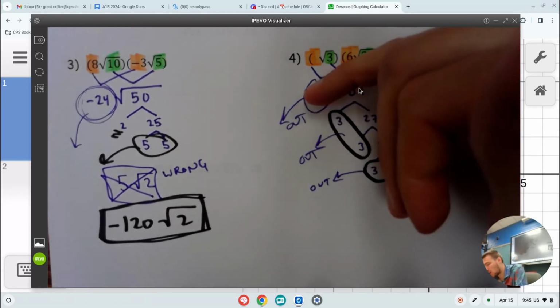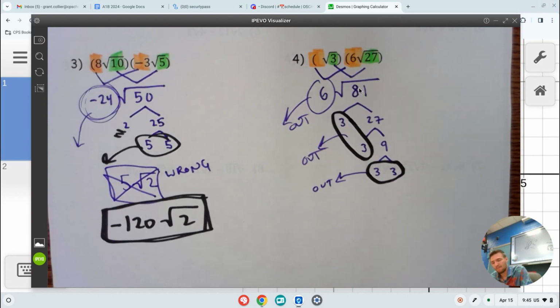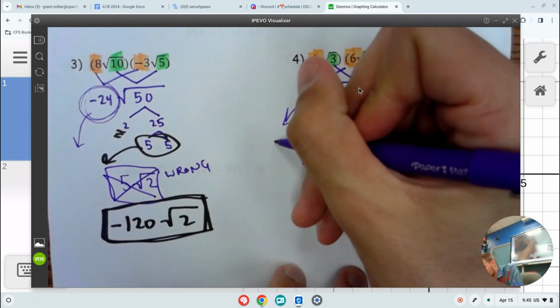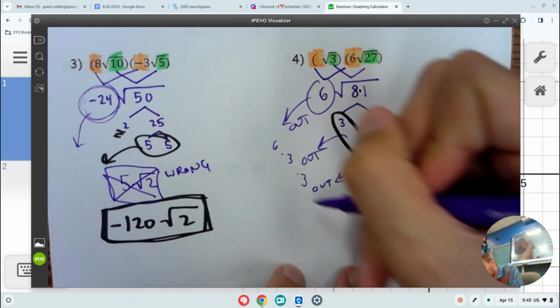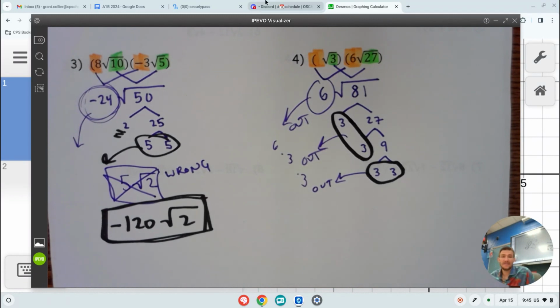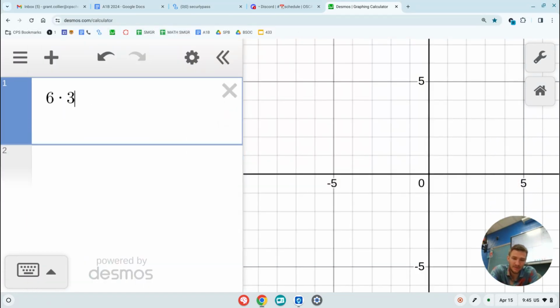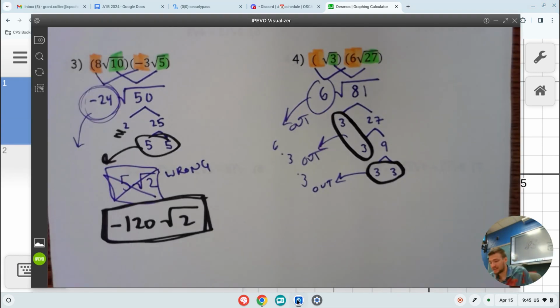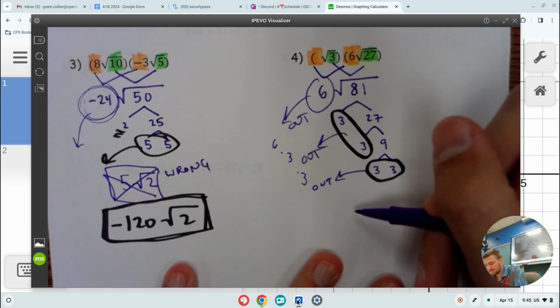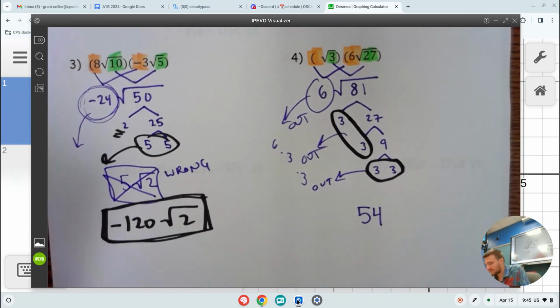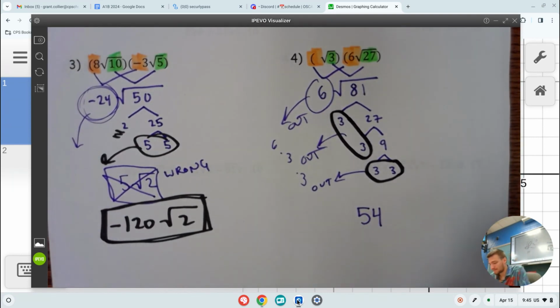So we're going to take all of this stuff, multiply it together, 6 times 3 times 3, and that's going to give us a normal regular number, and the answer is just straight up 54.